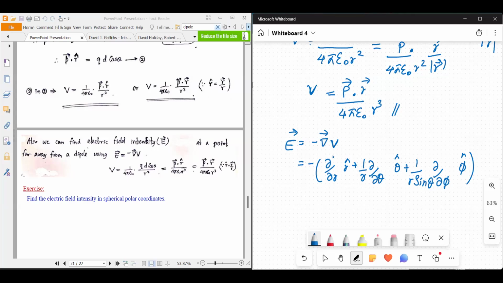It is a scalar function, so we can include all these partial differentiations.